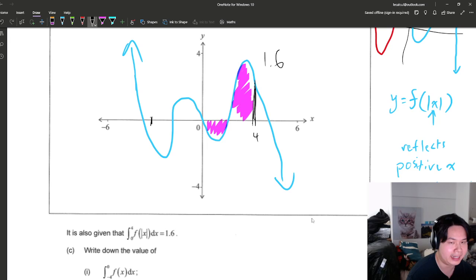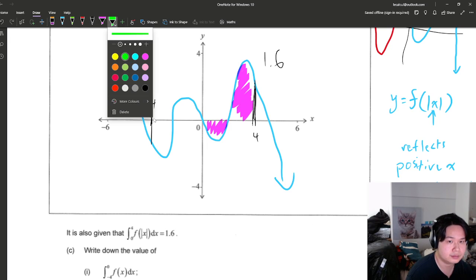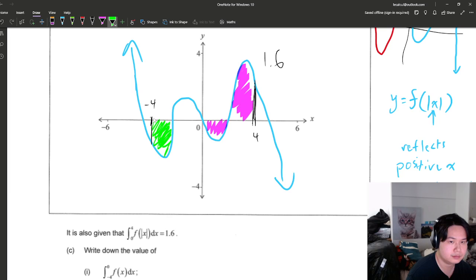So this graph that I have right now, this area. Because of the symmetry, it's going to be 1.6, but because now the bigger hump is below the x-axis and the smaller hump is above, because we flipped it upside down, this is a negative total area, but the absolute size is the same. It's 1.6, but this should be negative.